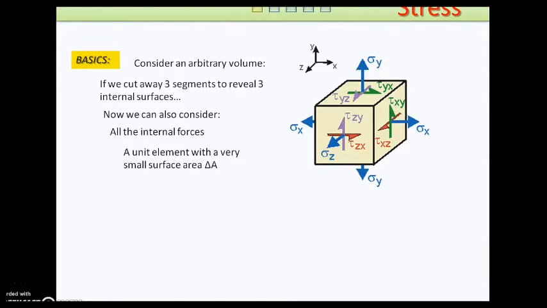And if we enlarge that elemental cubic volume, we can see the various stress terms acting on it. And this is really the unit of the whole 3D volume we initially considered. And it ties in with some of the main assumptions I included earlier.